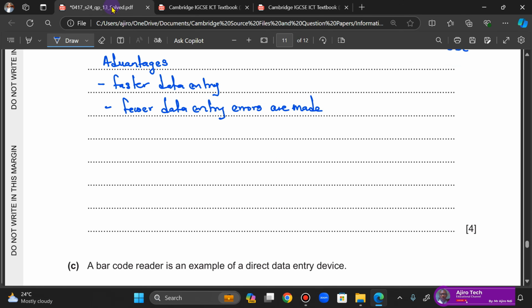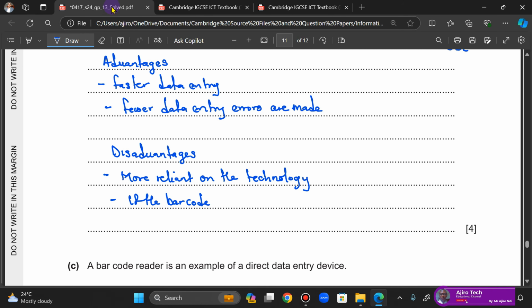Okay. So let's look at disadvantages. So here you could see that it is more reliant on the technology. And of course, if the barcode is incorrect, most times it happens when you go to the supermarket and you want to scan for an item, you put the barcode, you find out that it's not scanning.